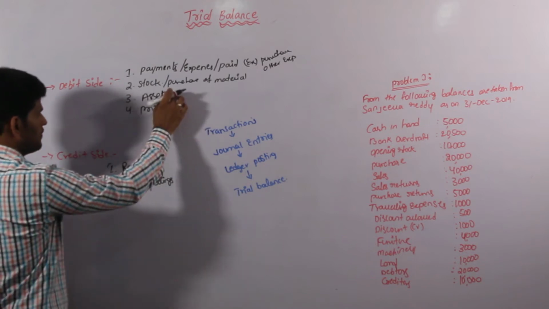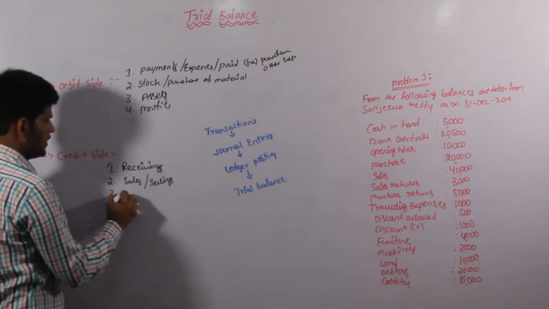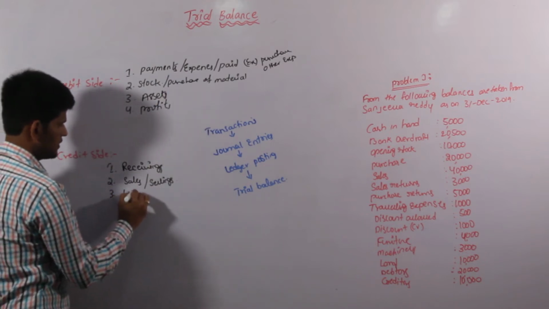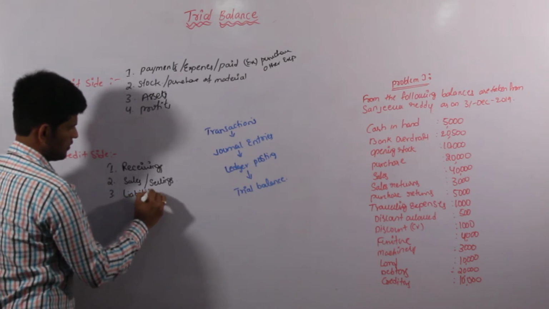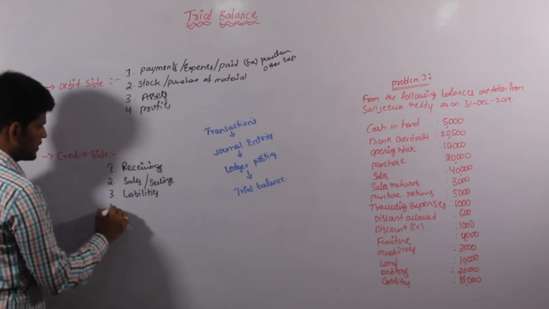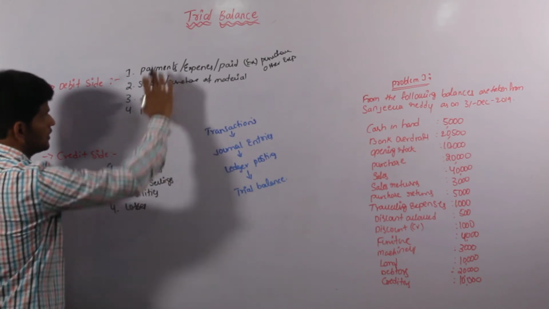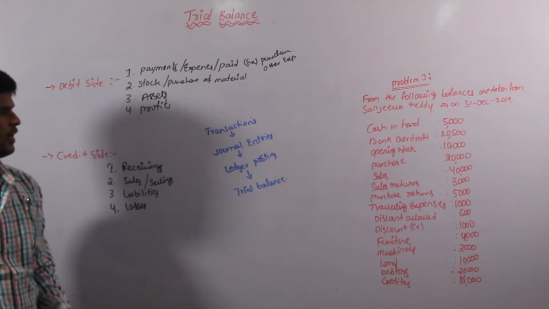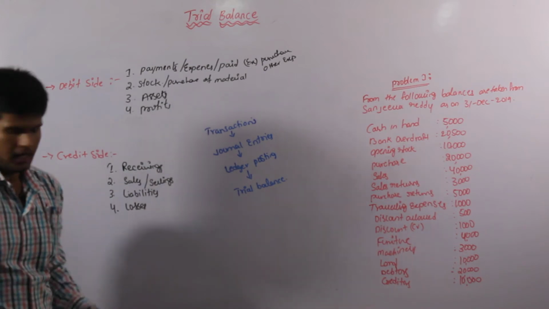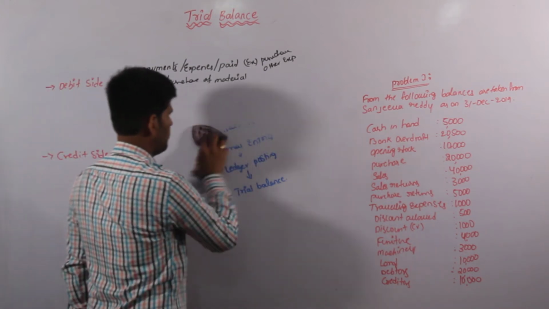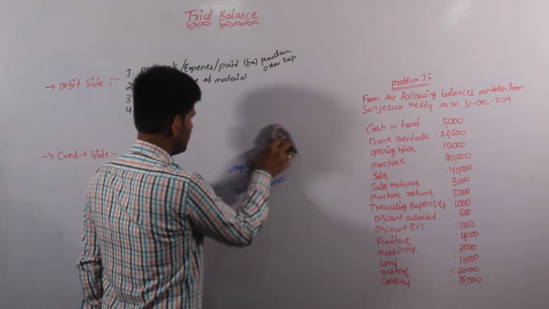And here we have assets. In the third condition, on the credit side we have liabilities. Here we have profits. In the fourth section, on the credit side, losses. This is the opposite: the debit side values we have to convert to the credit side. And come to know the problem by recognizing values.